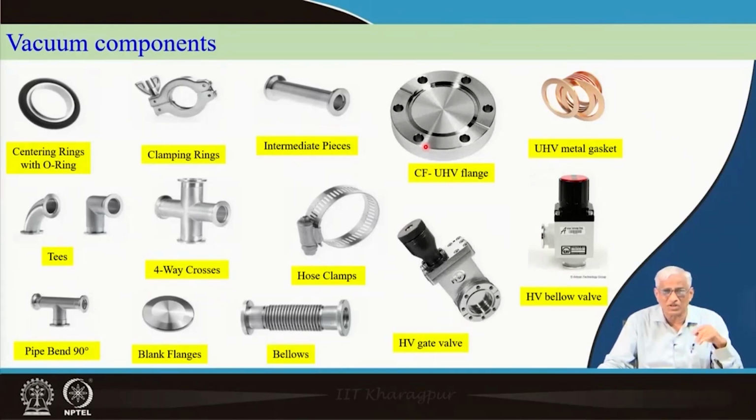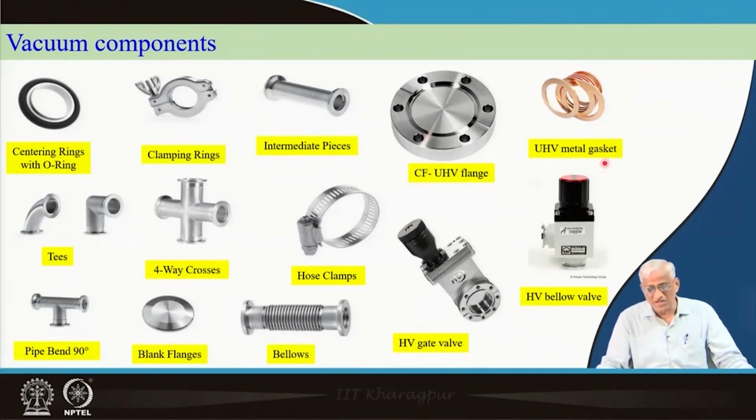For 1 torr, 10 torr you do not have to do it, because it is very costly. Between an ultra high vacuum compatible flange and a normal flange, there can be a cost difference sometimes of 10 times, though it looks the same in diameter, thickness and material, but the finishing is different at component level. So, these are various standard components we normally come across in the lab.